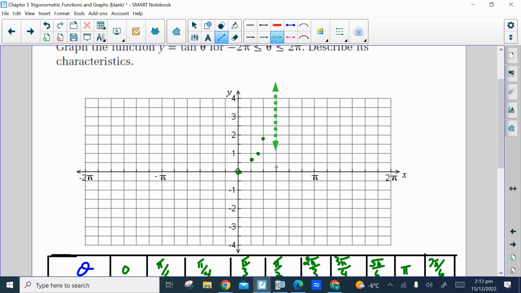And because of that, we're going to get a vertical asymptote at 90 degrees or pi on 2 radians. Then at 2 pi on 3, which is 4 pi on 6, we're at negative 1.73, approximately right there. At 3 pi on 4, so that's 3/4 of pi, and in this case here, pi is divided up into 6 sections.